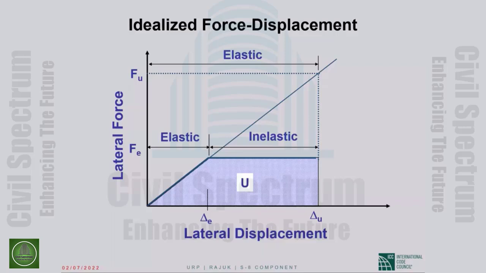Yeah. So if we want to design for a low strength level, we would need a high degree of inelastic deformability, which would mean fancy detailing of the structural members and joints. And if we are content to design for a high strength level, then we need only cruder detailing.